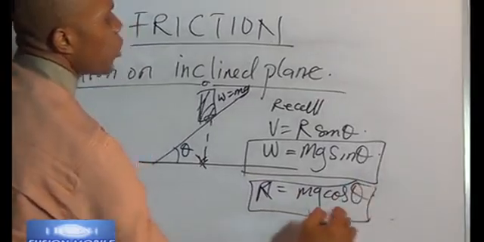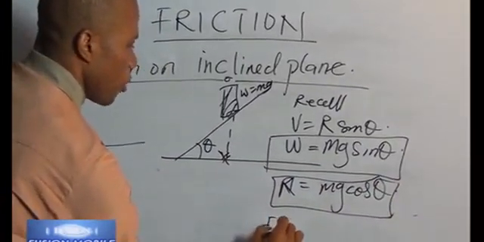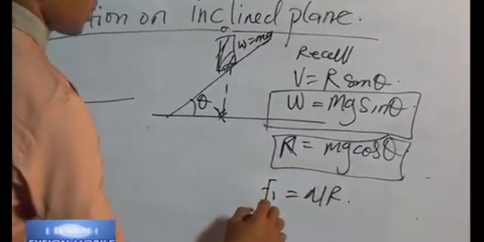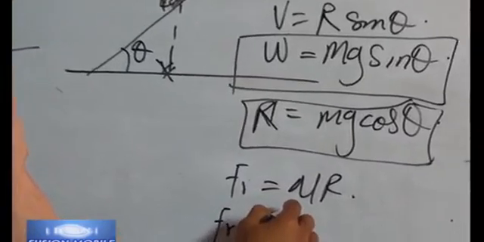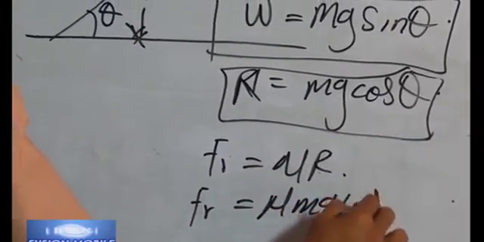Now bringing this to the equation we just finished with, frictional force is equal to mu R. That means frictional force is equal to mu mg cos theta. While here the frictional force is mg sine theta.